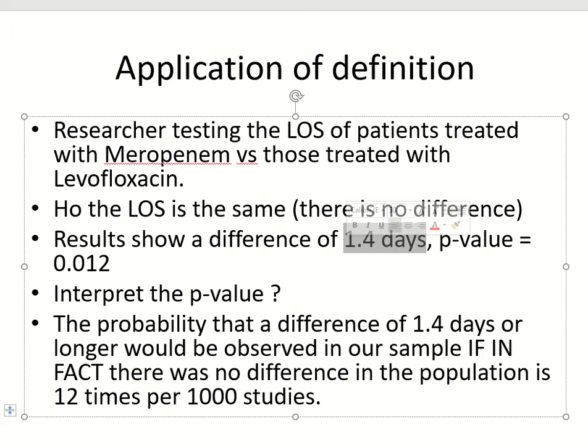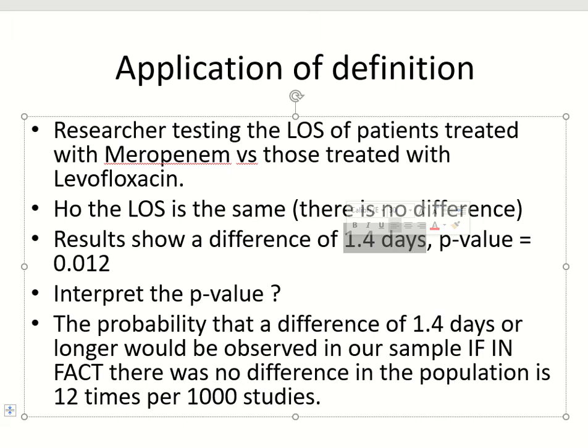This is the probability that a difference of 1.4 days or longer would be observed in our sample if, in fact, there was no difference in the population. So the probability is 12 times per 1,000 studies.